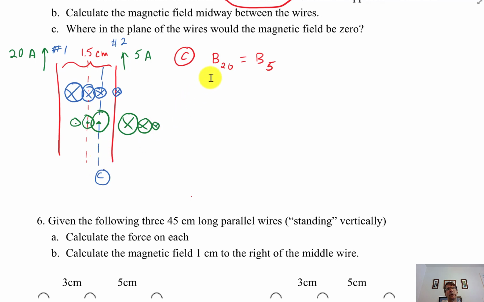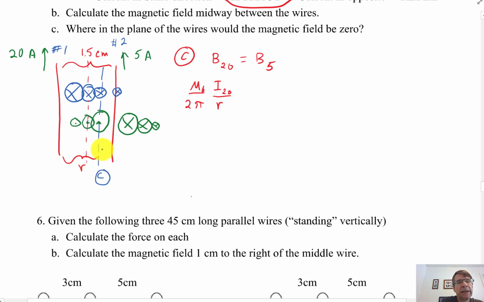Well, we want B20 in magnitude to be equal to B5. The magnetic field from wire number 1 equal to the magnetic field from wire number 2. So if we symbolize that, it's mu 0 over 2 pi, I20 over the distance, which I'll call R, or R1.